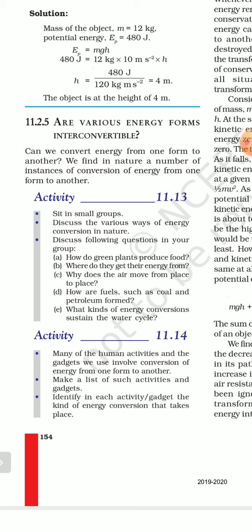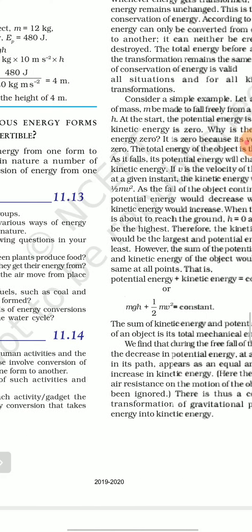In a mobile also there is a battery in which chemicals are filled, and the battery converts chemical energy into electrical energy. Same as if we switch on the light, the electrical energy is converted into light energy. So all the energy forms are interconvertible. What do you mean by interconvertible? Meaning they can be converted into each other.